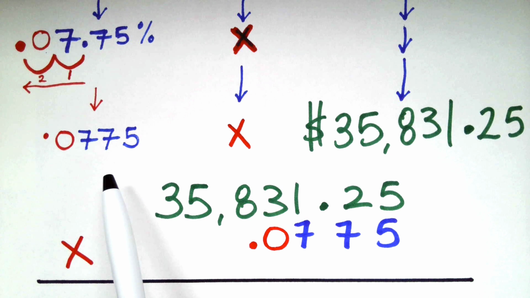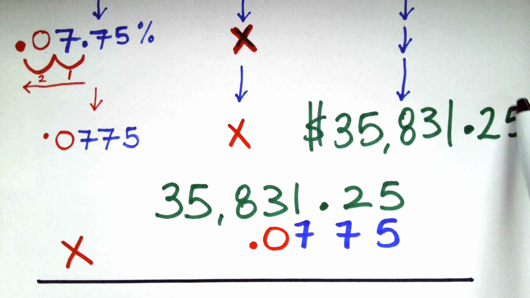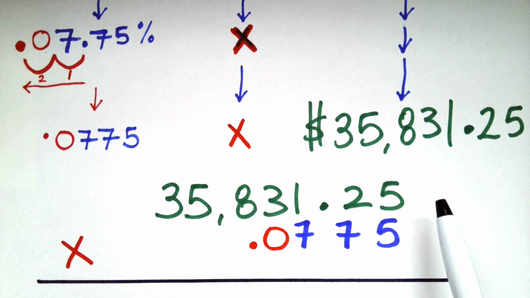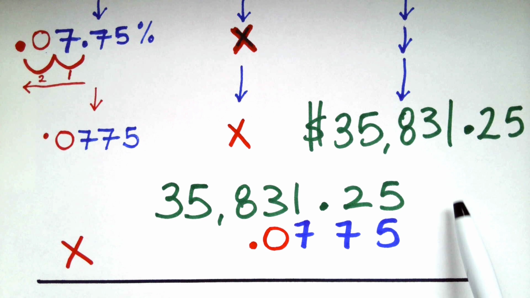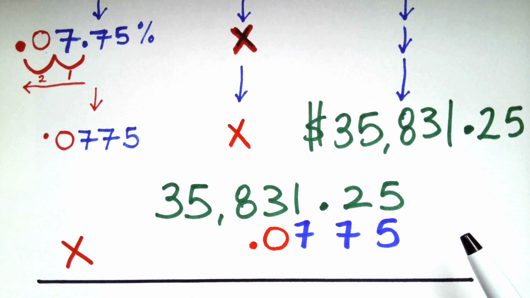You can see that setup is right here: 0.0775, that's 7.75% as a decimal, times the discounted price, $35,831.25. I've set this up because I'm going to show you how to manually multiply all of these values, but this is going to take some time, and I absolutely don't want to make these videos 10 minutes long.